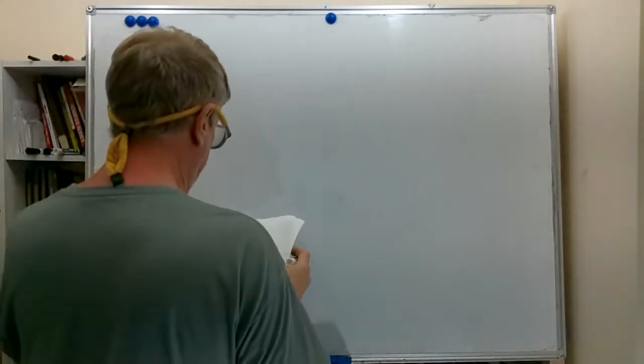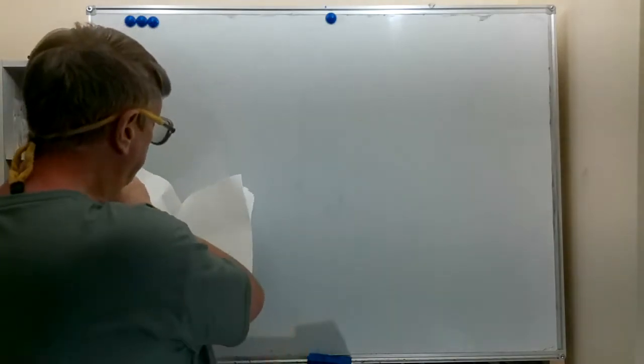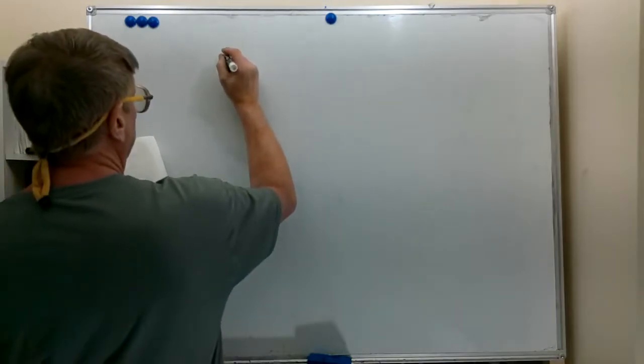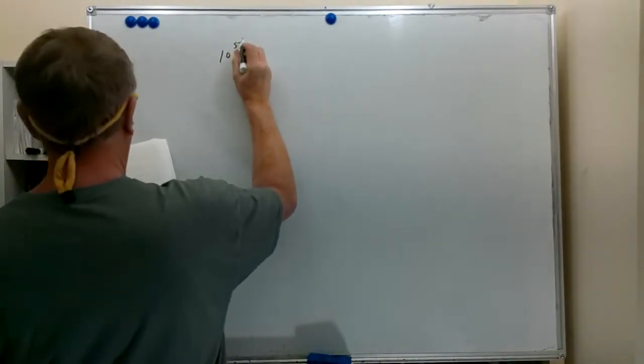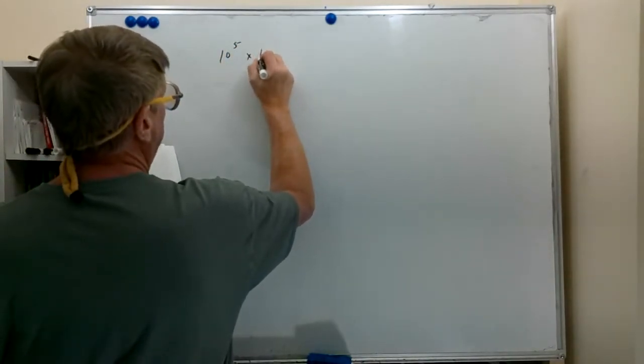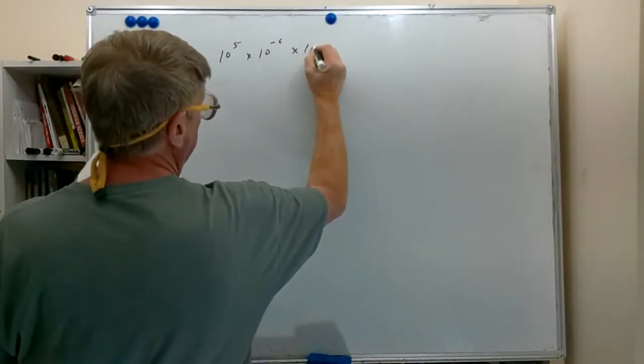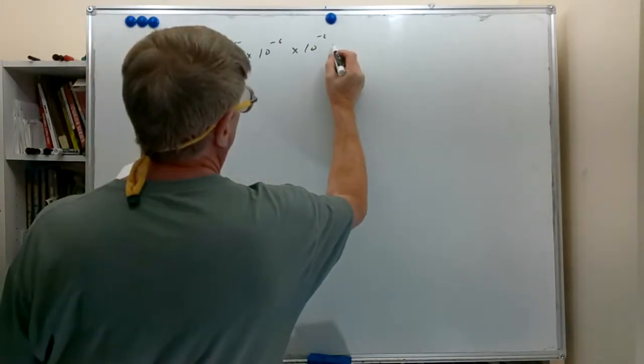Let's do another example here. 10 to the 5th times 10 to the negative 6th times 10 to the negative 2. What's that equal to?